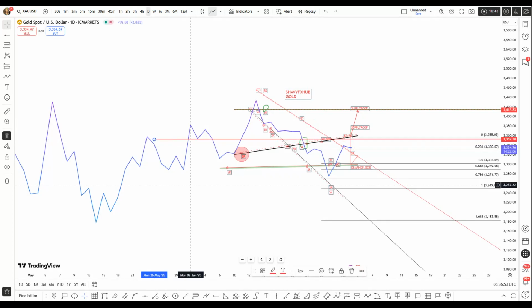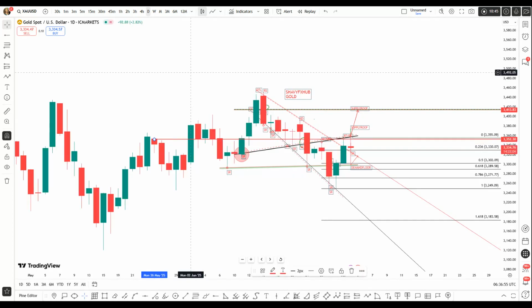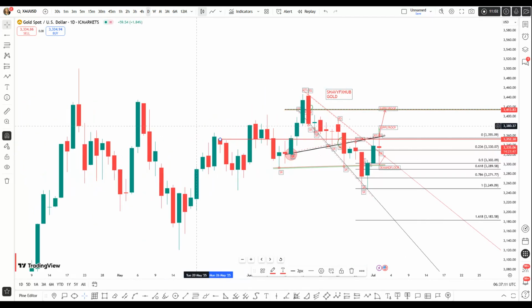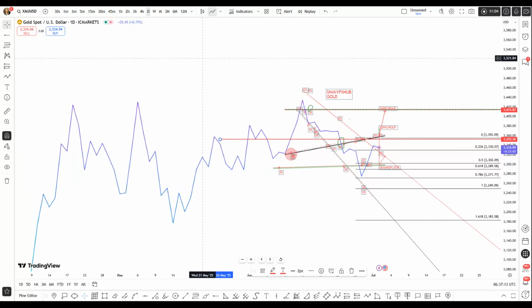This is the neckline of the double structure, and you can see it. After that, price retested it and we sold, and we returned yesterday to respect it. Now we need to break 3,352 on daily. If we break 3,352 on daily time frame, rest assured that you're going to see 3,400, whether you like it or not. So it's not about whether you like it. That is what it will have. That's what you're going to get.